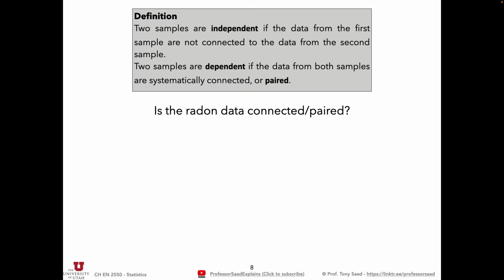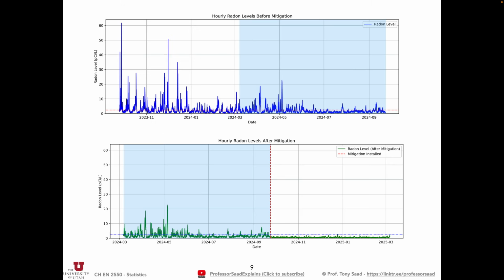I cannot grab a sample from the summer and compare it to a sample from the winter. That's not fair, because you saw that the samples in the winter have a much higher spread, right? Much higher mean too, than the samples in the summer, right?